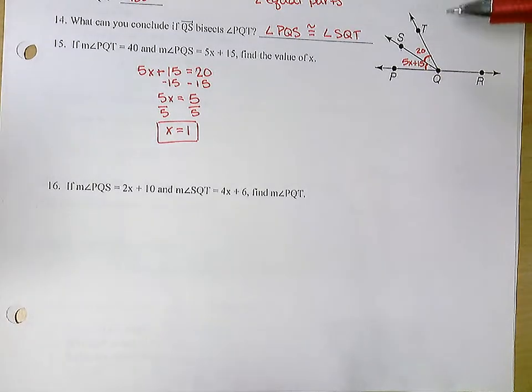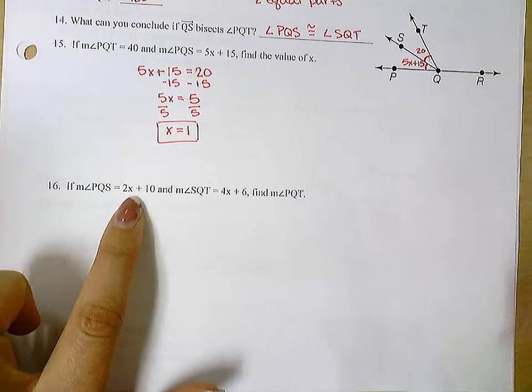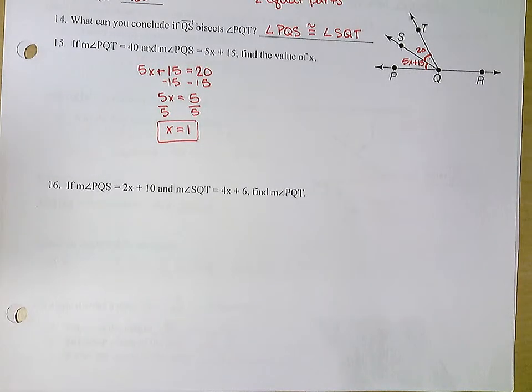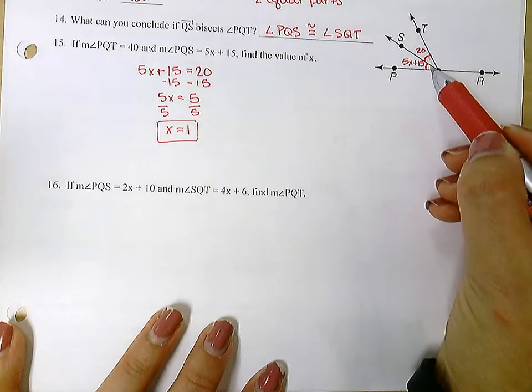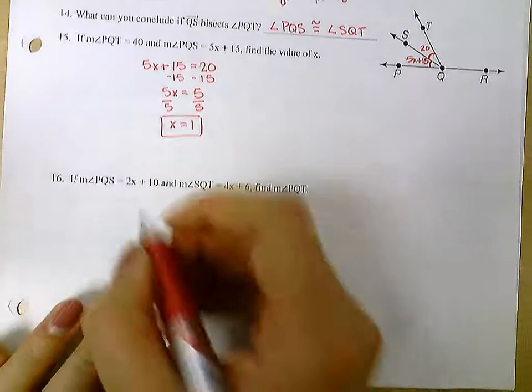You can just set it down. Thank you. So if I know the measure of my two smaller angles, how could I solve for x? What could I do to solve for x? Set them equal. Okay, so they were congruent, so their measures have to be equal.